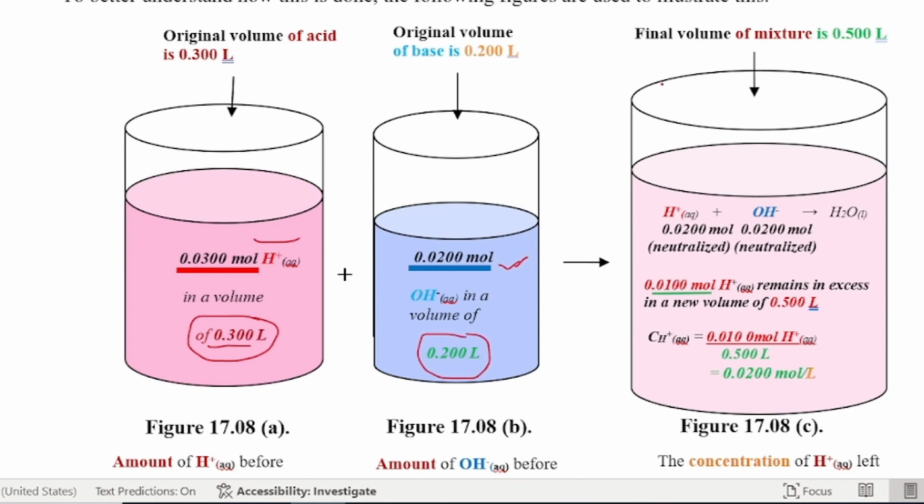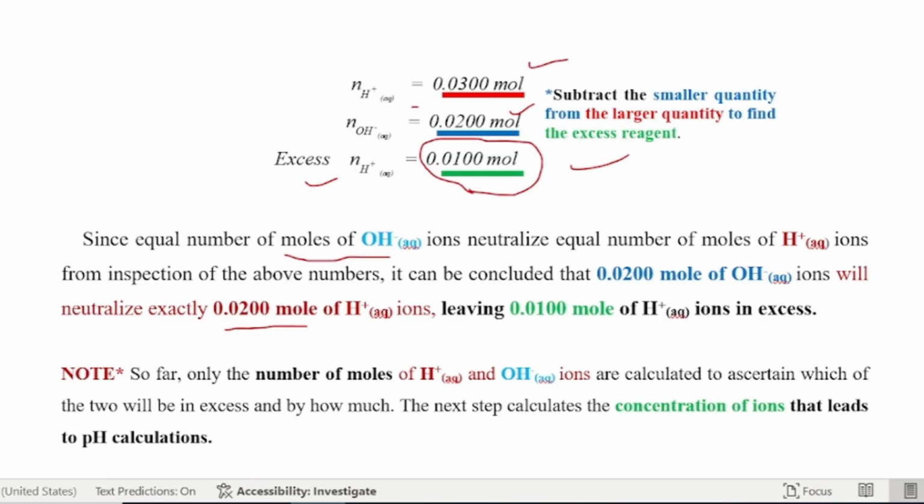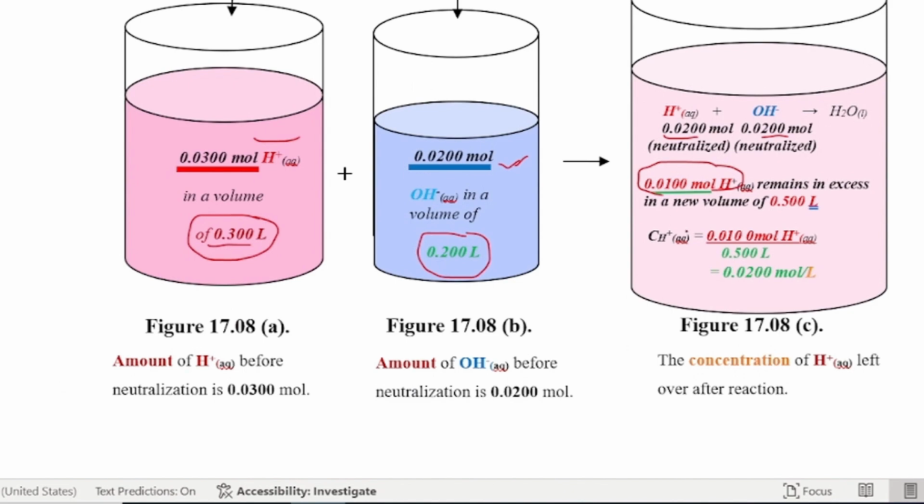Let's suppose we had a bigger container and we pour both of these solutions into it. Like we said before, this 0.02 mole of OH ion will neutralize exactly 0.0200 mole of hydrogen ions, and this new amount of hydrogen ions will be left in excess. But look, that amount is left in a bigger volume, which is the sum of this 200 milliliters and this 300 milliliters.